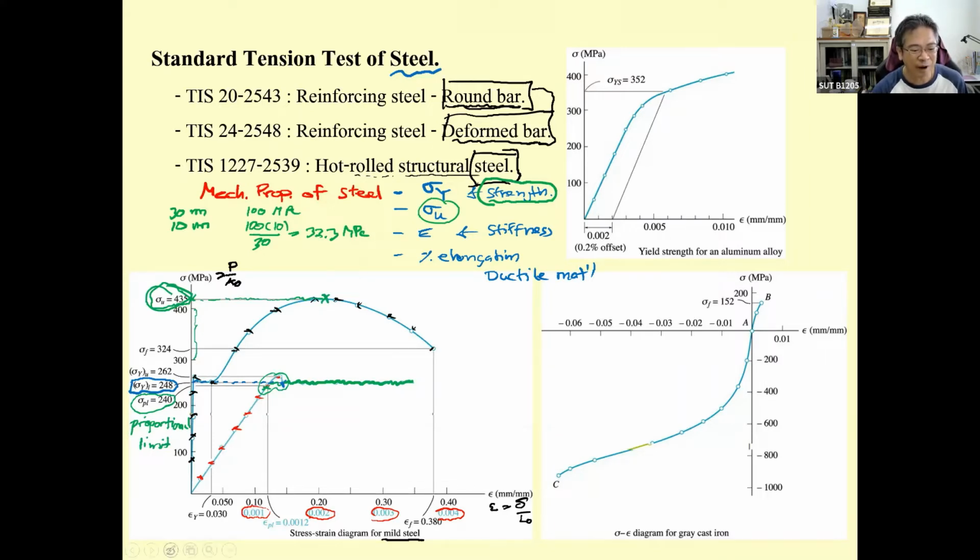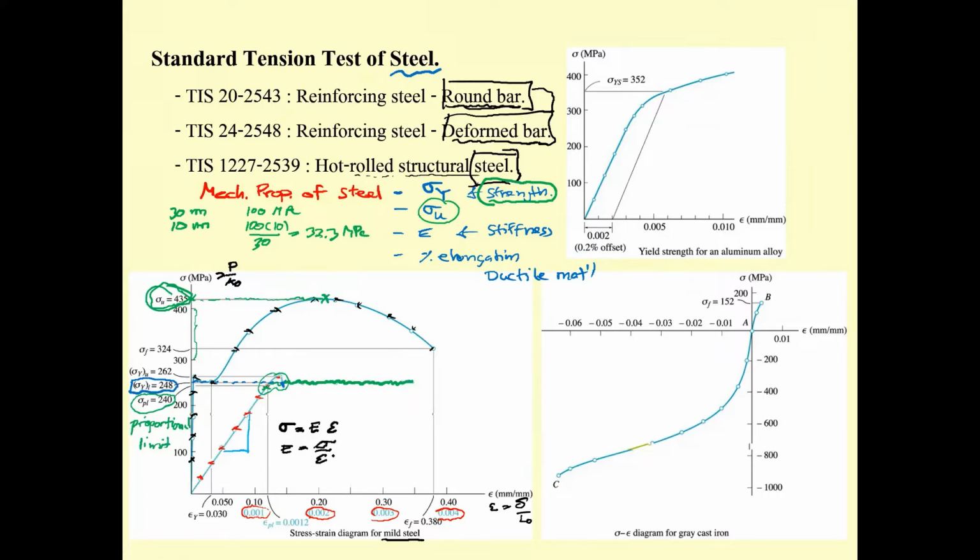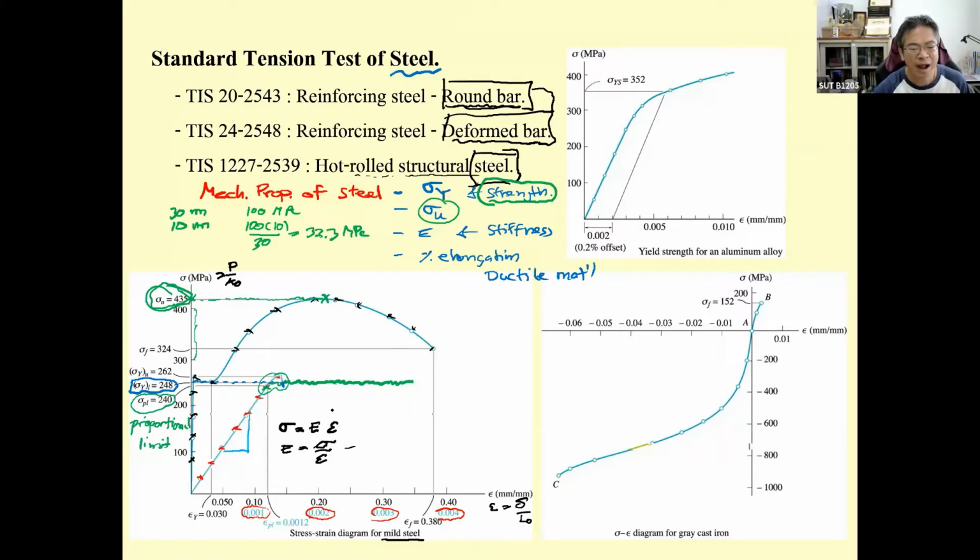And then how about the third one? The third one, you determine from the slope. You may pick any point in this region, because in this region the stress is proportional to the strain, and E is going to be the slope. So E is the stress divided by the strain, and it is correct up to this proportional limit. So many times we use sigma sub PL divided by epsilon sub PL.